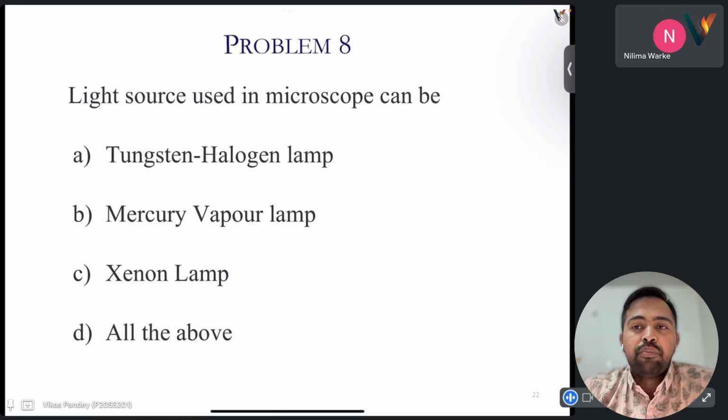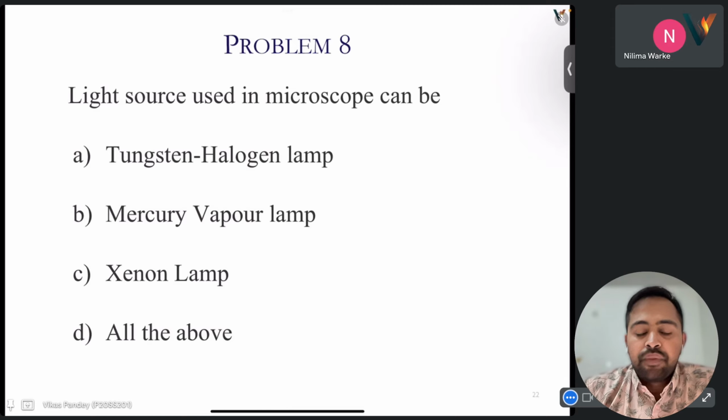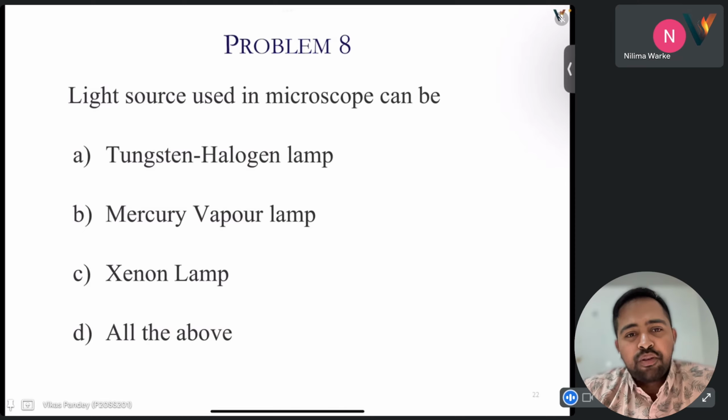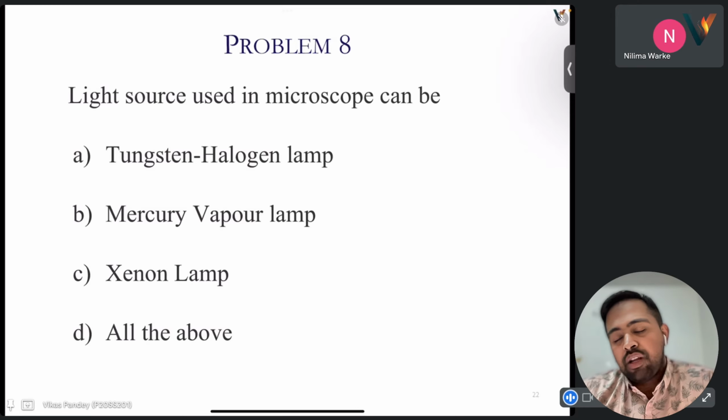Mercury vapor lamp also emits a lot of heat, and we have to be very cautious. We have to cover it, because of the mercury. Xenon lamp also has its issues.